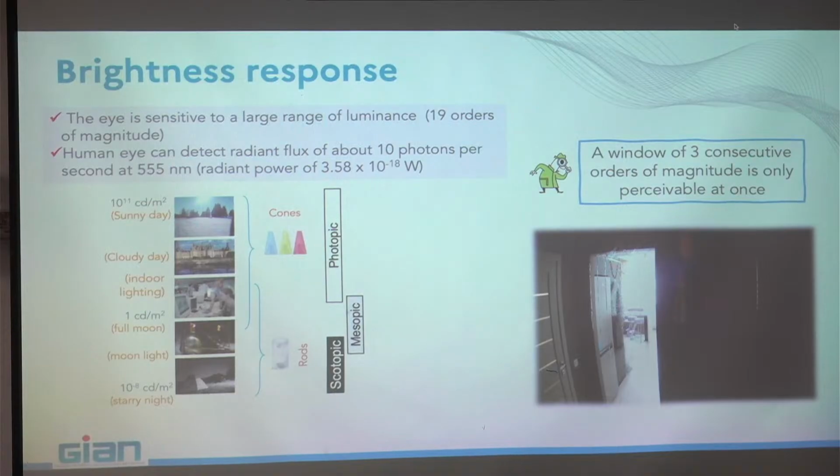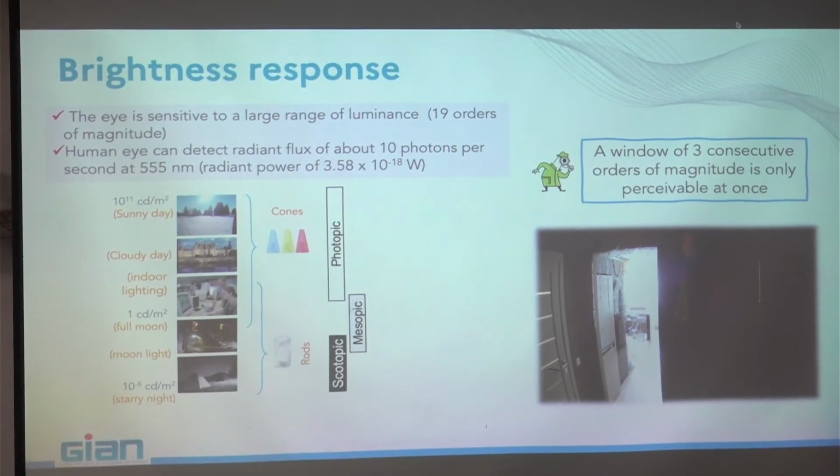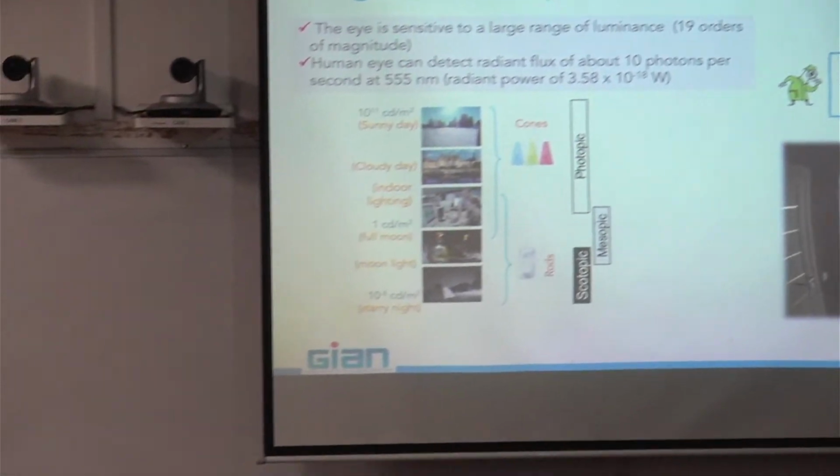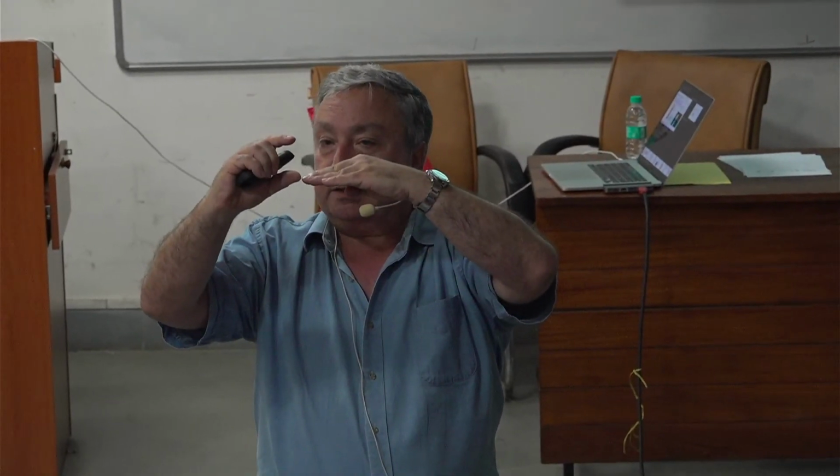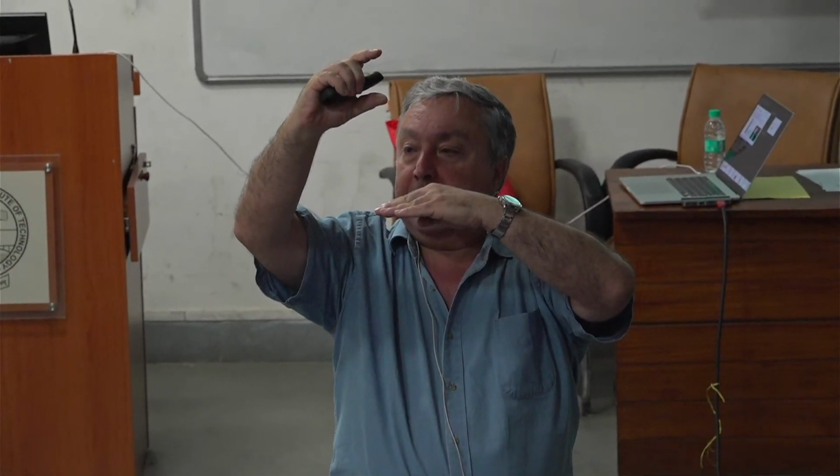If I enter that room, I need some time to adapt to the conditions here, and the first thing is that my eye, thanks to a jerk movement, will look for the brightest area. The brightest area is there, the light sources, and somehow my brain identifies the luminance level here, the brightness, and will fix it, and can see what is 1 order of magnitude above and 1 order of magnitude below.